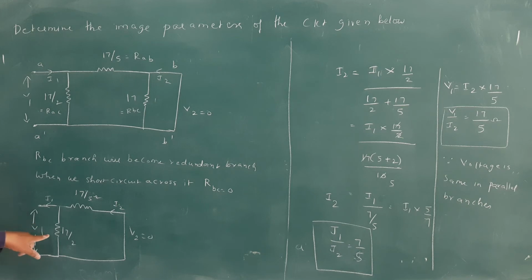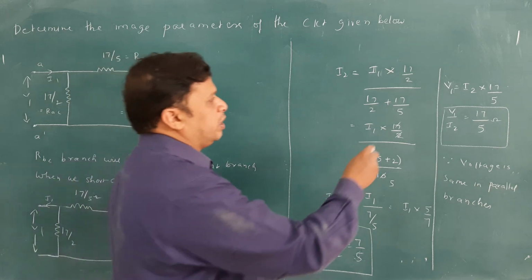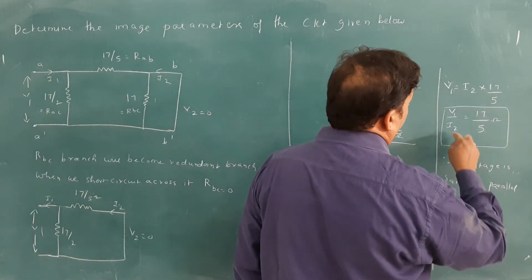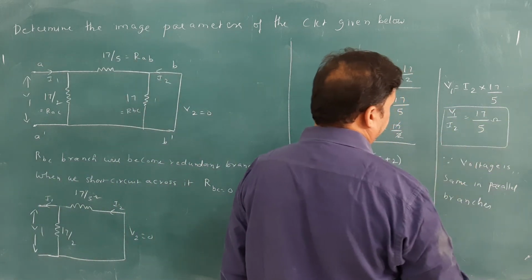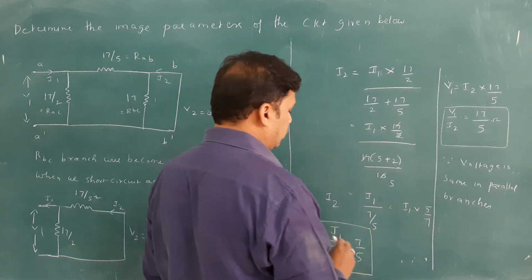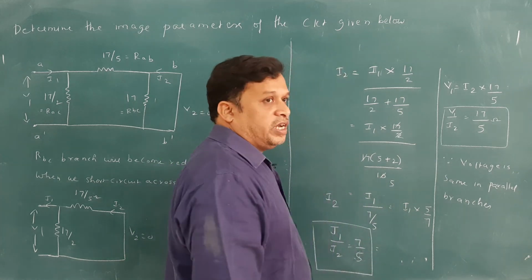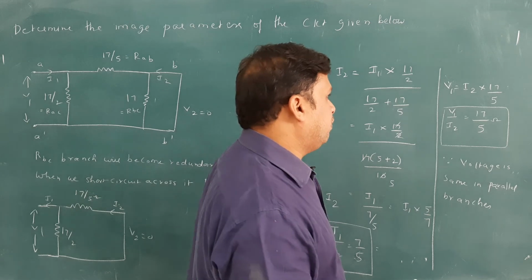Here V1 is equal to I1 into 17 by 2, and here the voltage drop is the same V1, so V1 is equal to 17 by 5 into I2. So V1 by I2 is equal to 17 by 5.